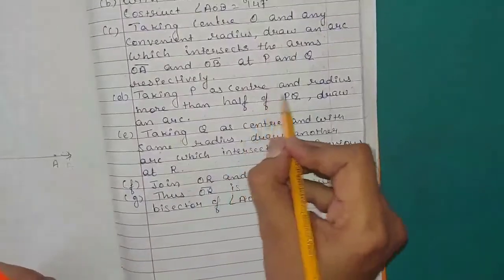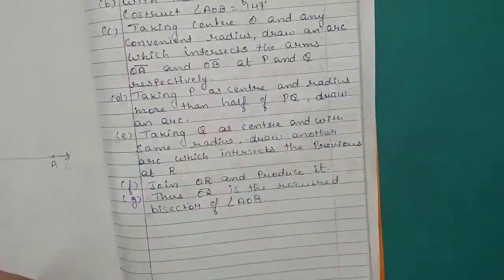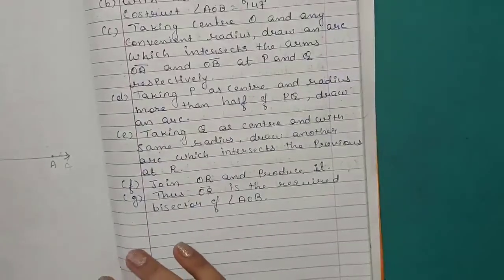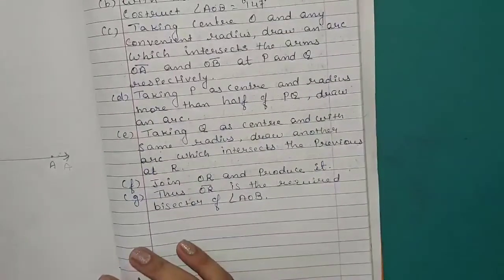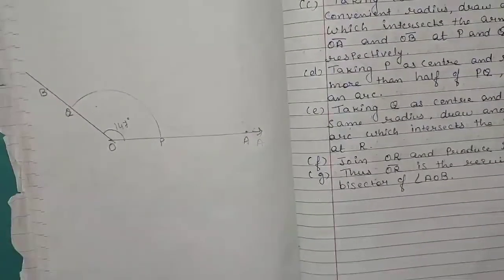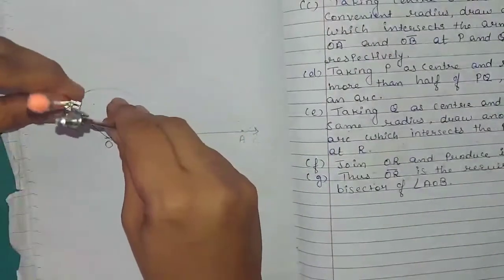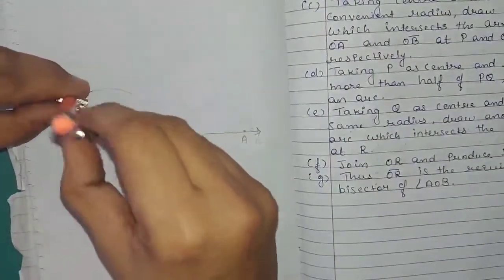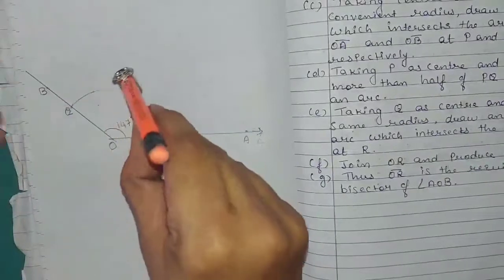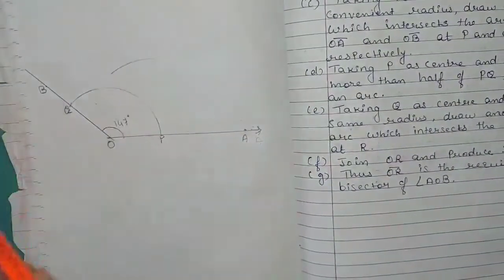Taking P as a center and radius more than half of PQ, draw an arc. So students, let us take P as a center and radius more than half of PQ. This means we are drawing the bisecting angle. First of all, let us take the distance of PQ, and take more than half radius. Now taking P as a center, let us draw one arc.